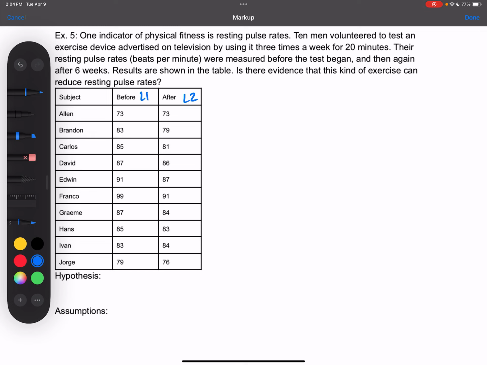After is going to go in L2. Helps if you put your stuff in the right list.